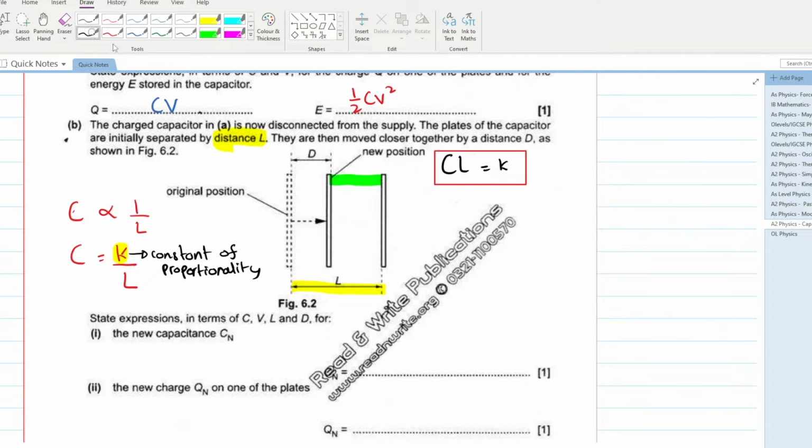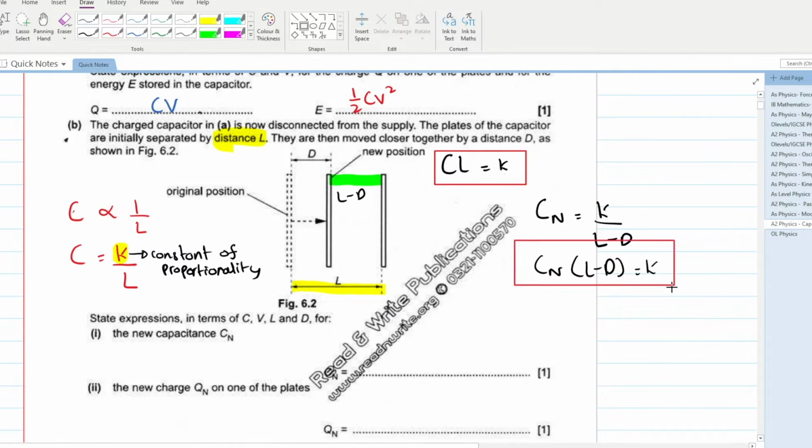This distance will become L minus D. So C new is equal to K divided by L minus D. Multiply both of them. C new into L minus D is equal to K. This is my second equation.